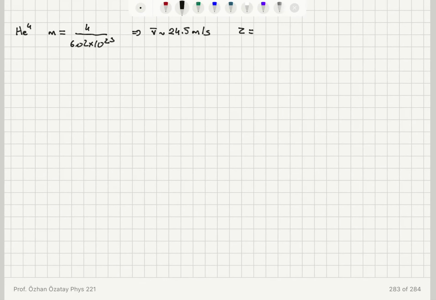The mean free time is the mean free path divided by the mean speed, 2 times 10 to minus 7 meters divided by 24.5 meters per second. We find that for helium the mean free time should be of the order of 8 times 10 to minus 9 seconds. So it's on the scale of nanoseconds.